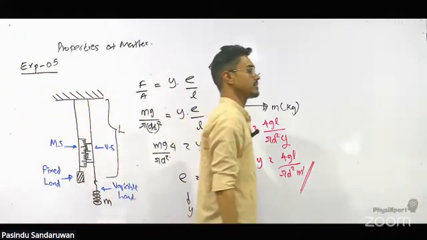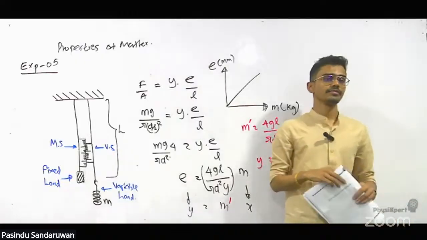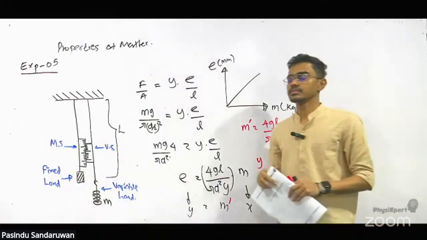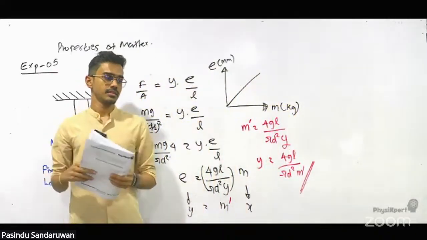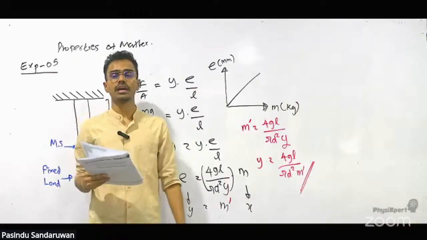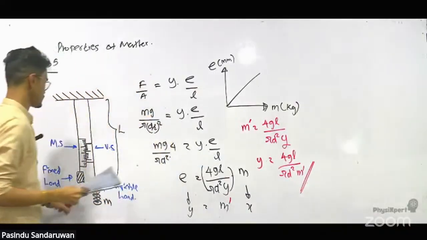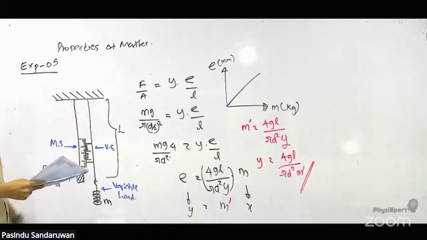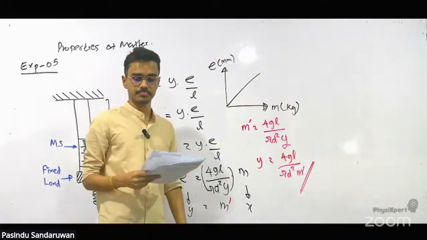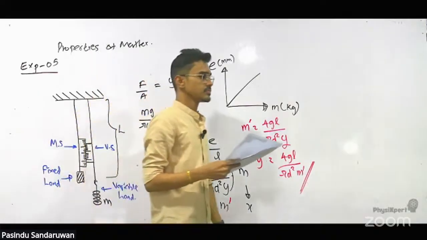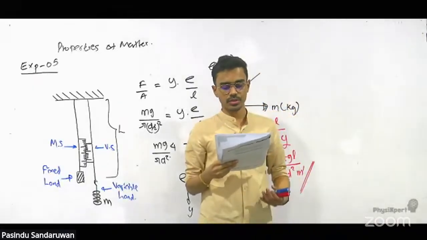Then a set of 0.5 kilogram weights. Then a meter ruler, and a micrometer screw gauge.